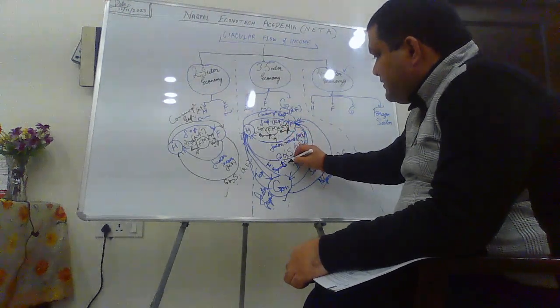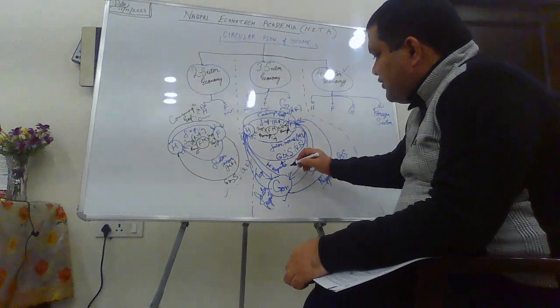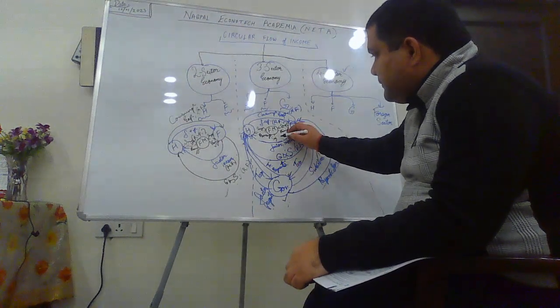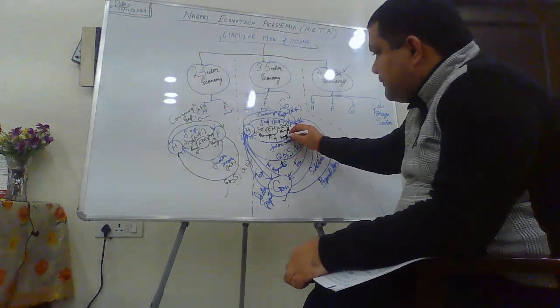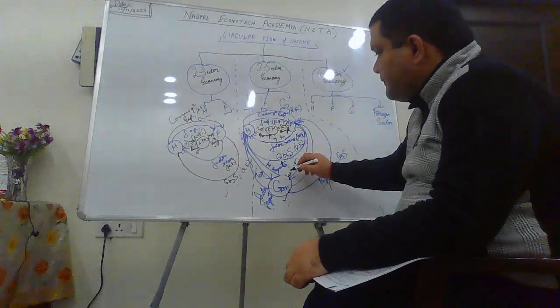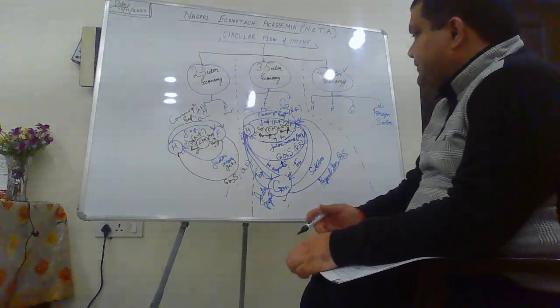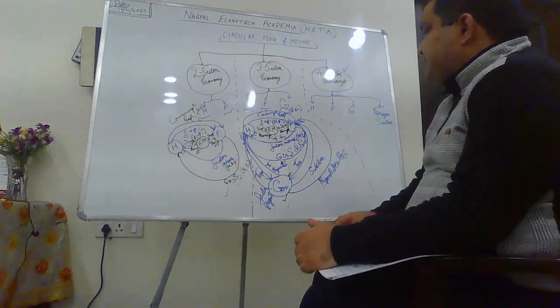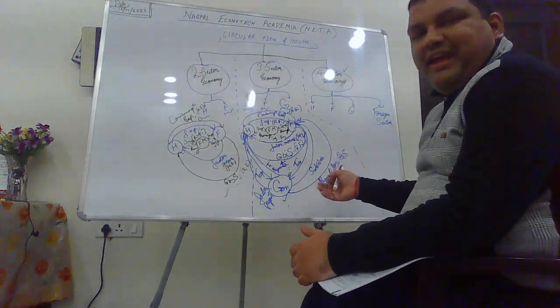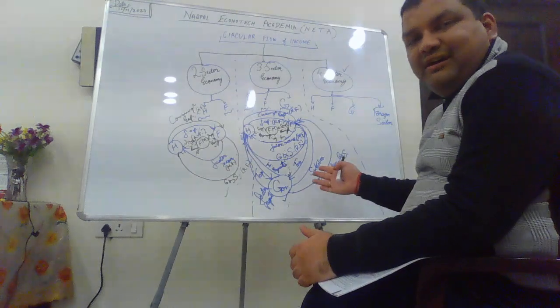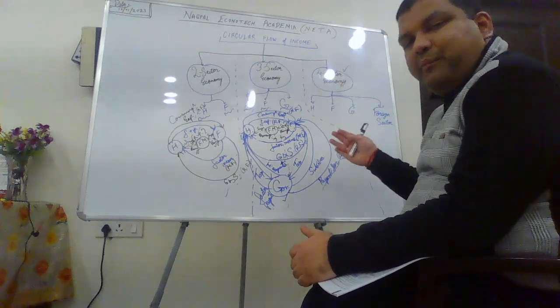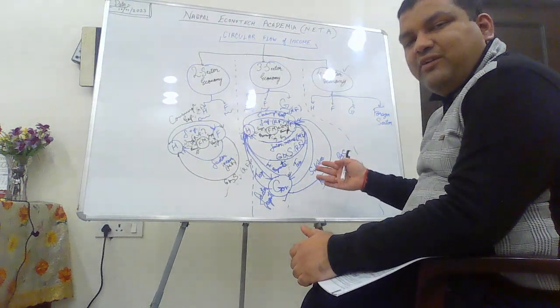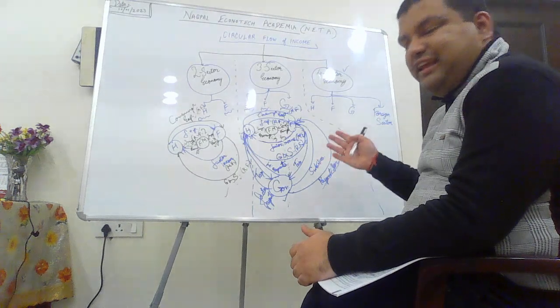And the borrowings would be the injection in the circular flow. Correct? I'm sorry, due to some space constraints, the representation could not be neater.